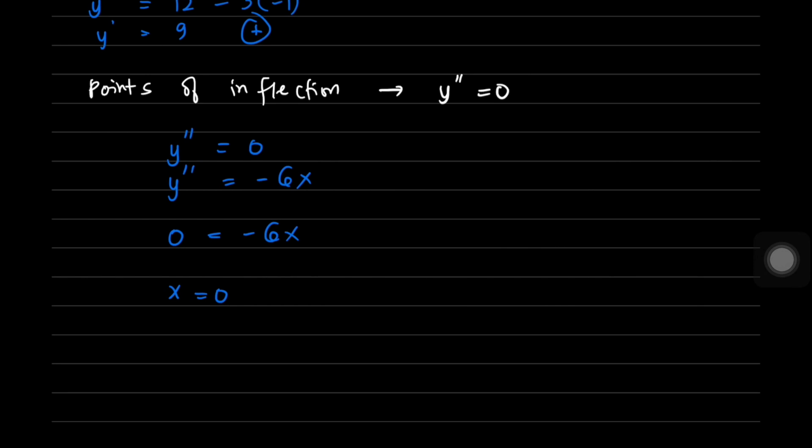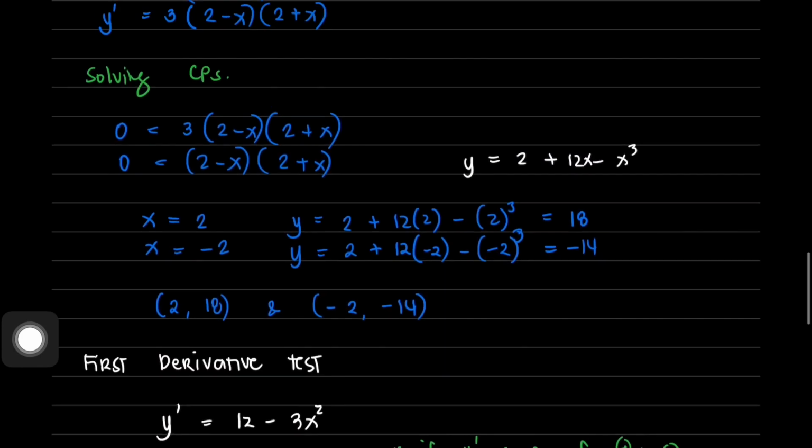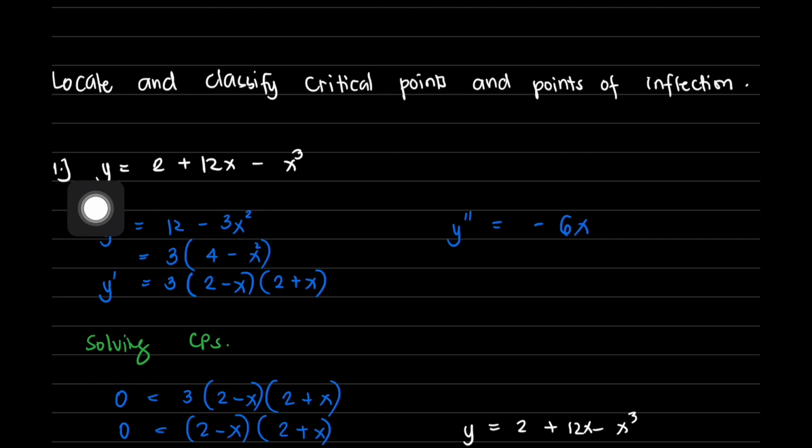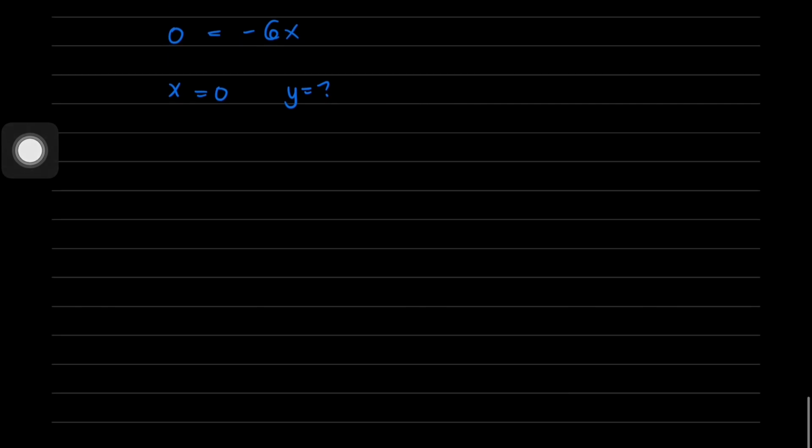So if x is equal to 0, what is the value of y? To solve for the value of y, we're going to substitute x equal to 0 into the given function. And the given function is y equals 2 plus 12x minus x cubed.